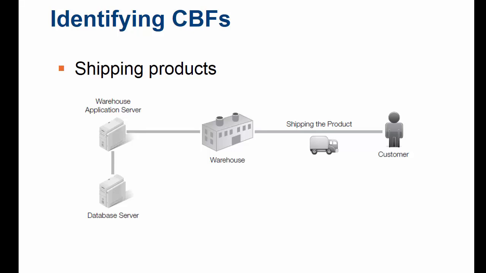You don't want to ship somebody a broken remote control car or broken iPad, something like that, making the customer very unhappy. Imagine if you ordered overnight shipping, paid $60 to get it there, and the product you received is broken.